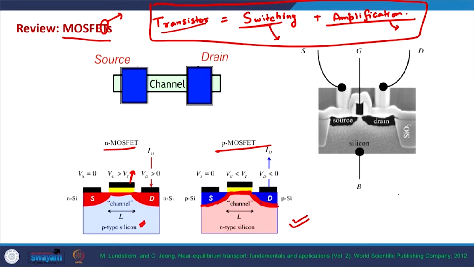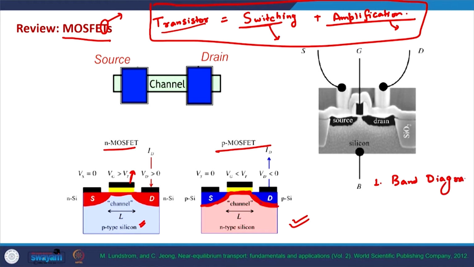So, there are a few things that we need to understand properly if we want to understand either the conventional understanding of MOSFETs or even the nanoscale MOSFETs. The first thing is the band diagram.